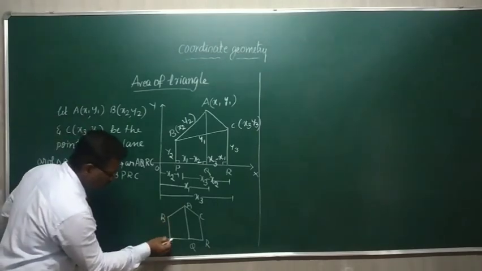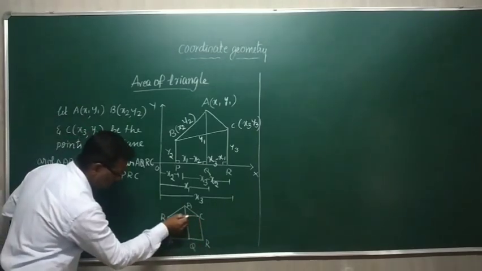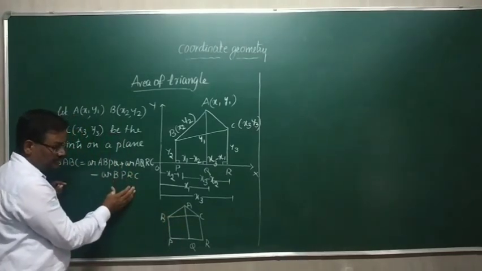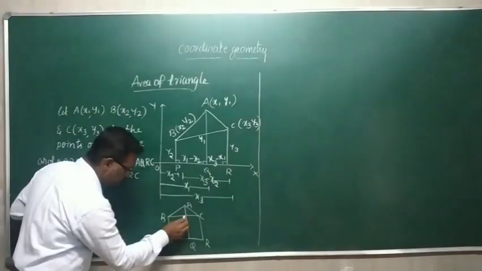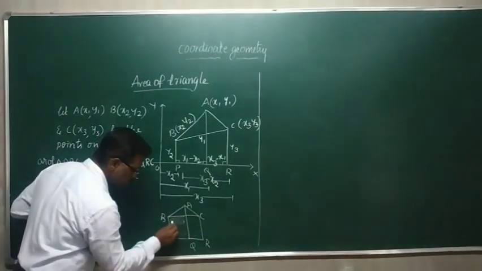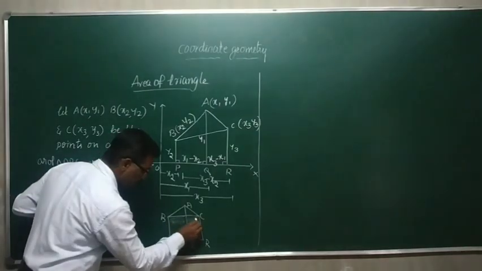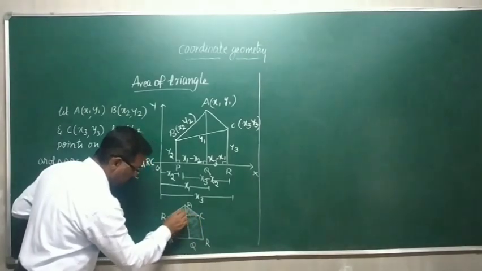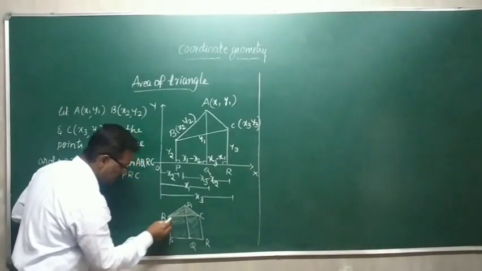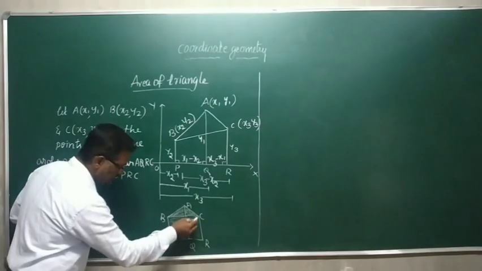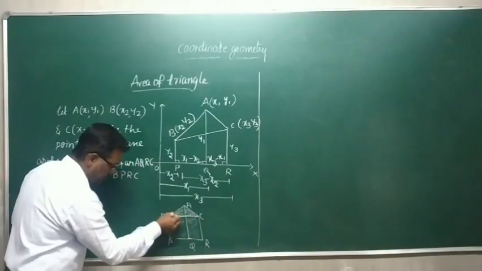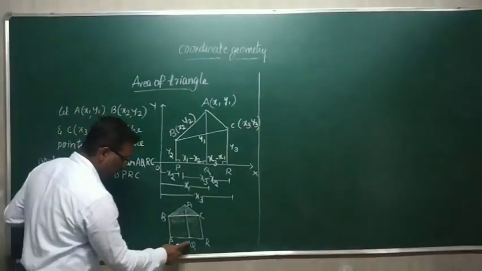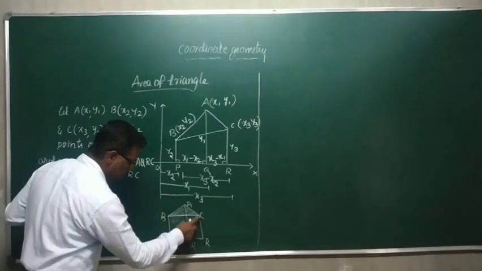Now BPRC, by joining it. So which portion do we want to subtract here? Just observe. I can add all the portions here, because ABPQ and AQRC are added, and we want to subtract BPRC.